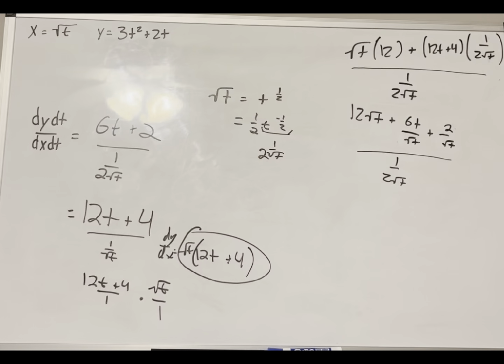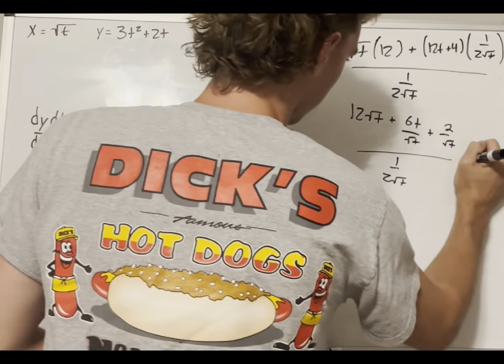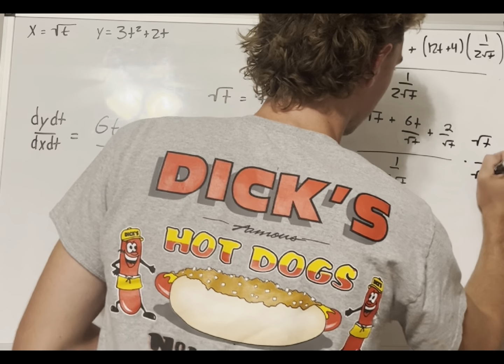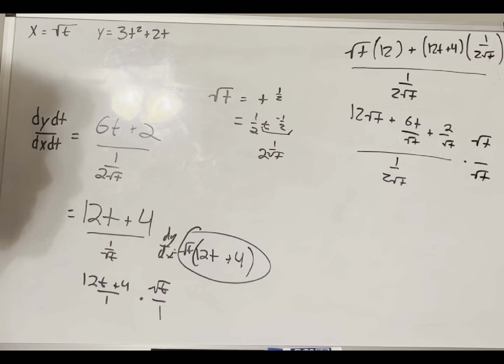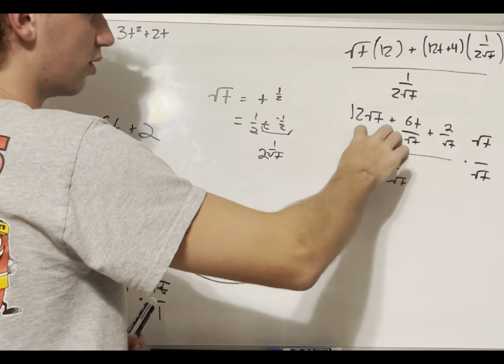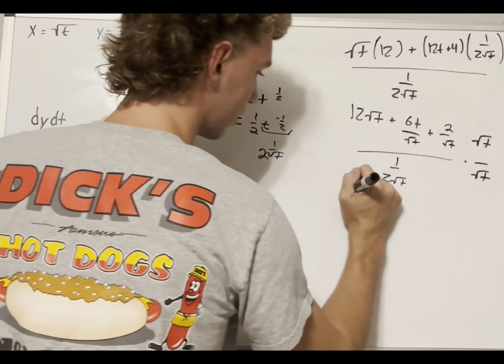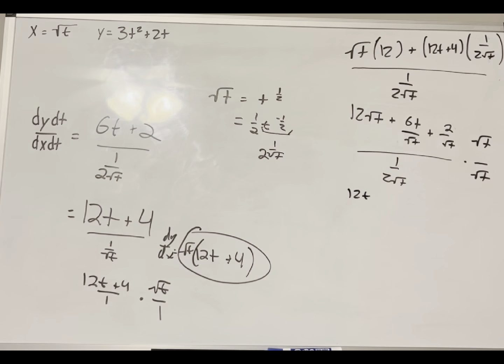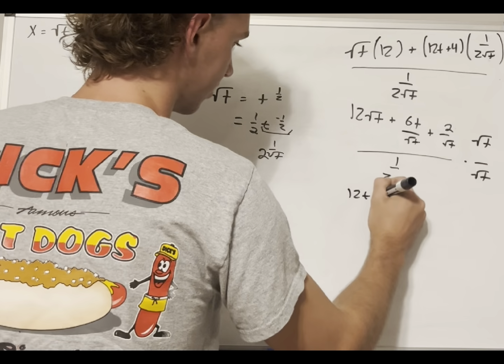And then I'm seeing a lot of root t's. So I'm going to multiply times the arbitrary 1 of root t over root t. And what this will do is your root t times 12 root t is equal to just 12t, because root t squared is t, simply enough.